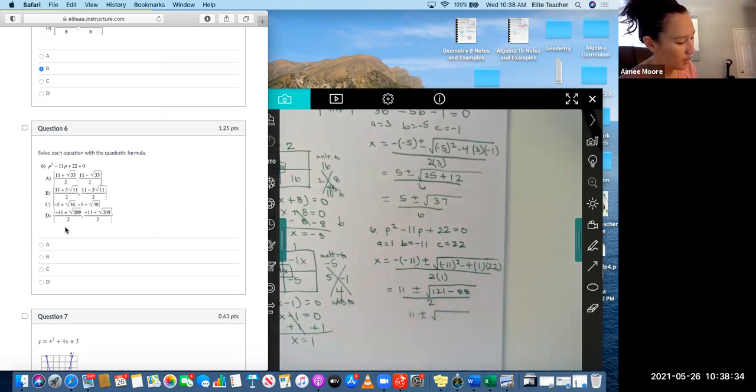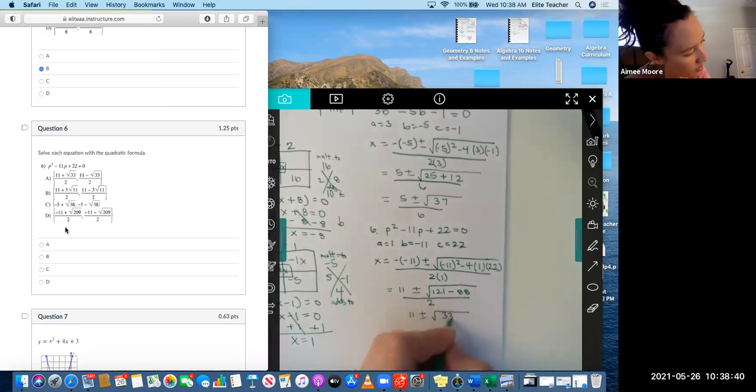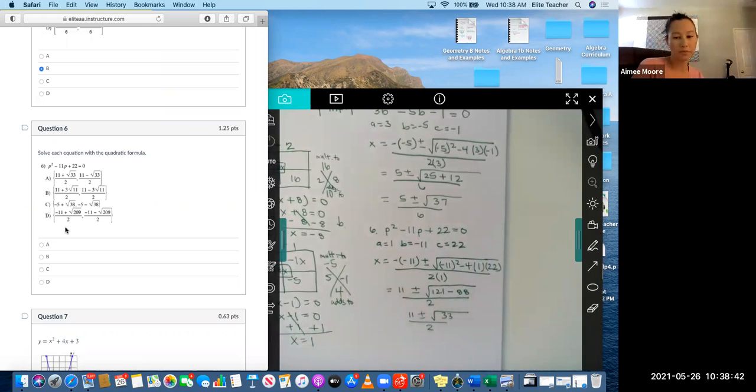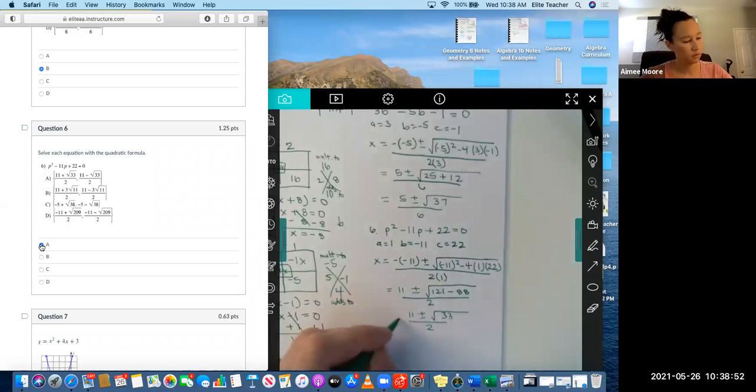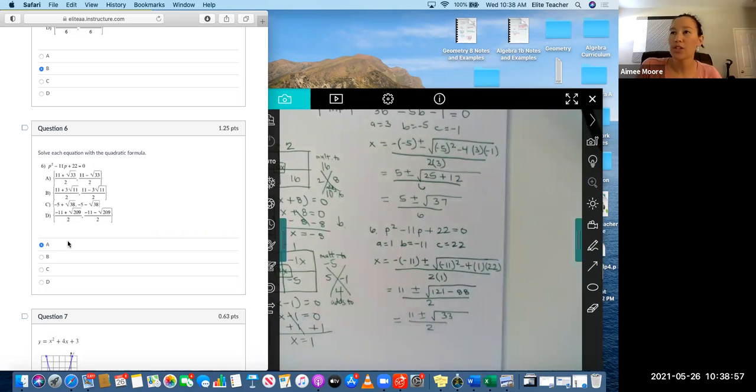So 121 minus 88 is 33. So that would be A. Any questions on quadratic formula?